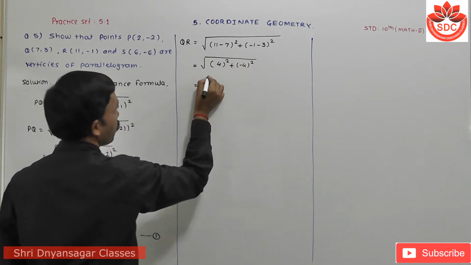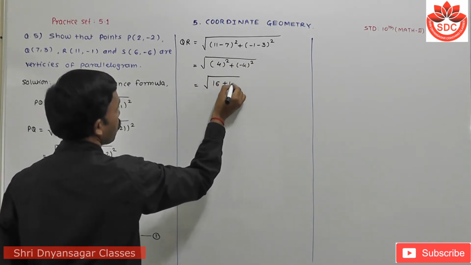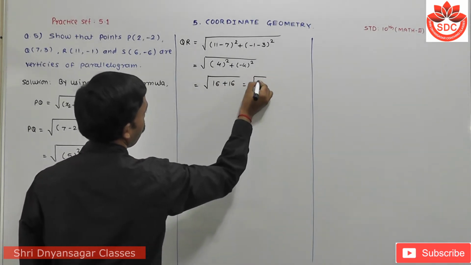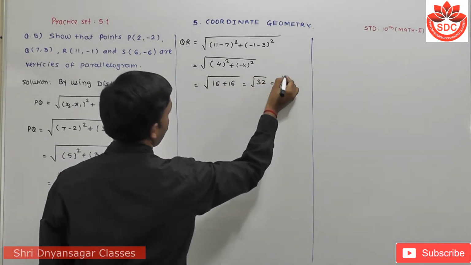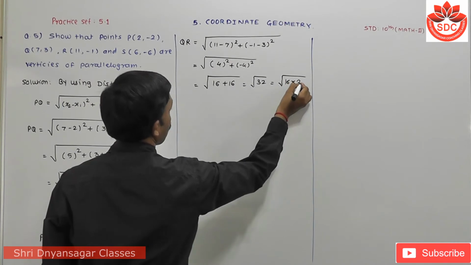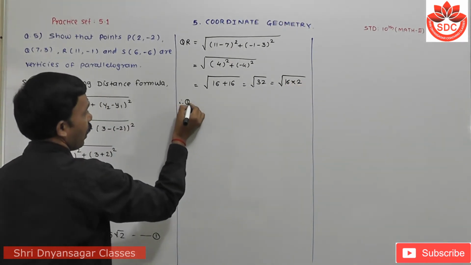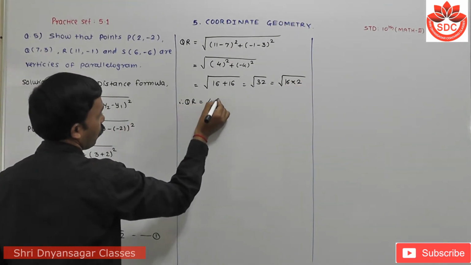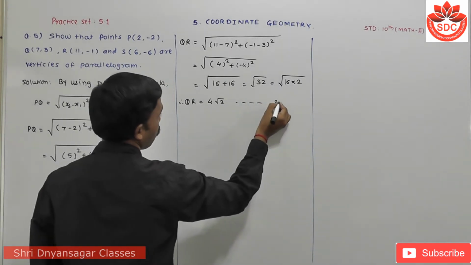Then this value becomes 16 plus 16, which is the root of 32. Then we factorize it, 16 into 2, so that QR is equal to 4 root 2. Suppose this is equation 2.